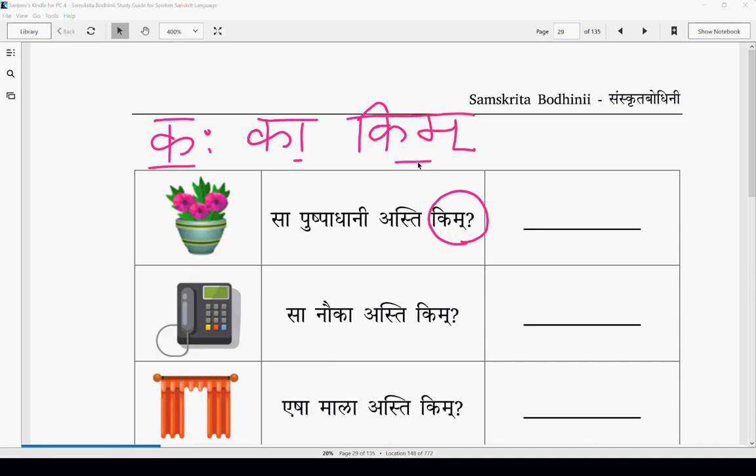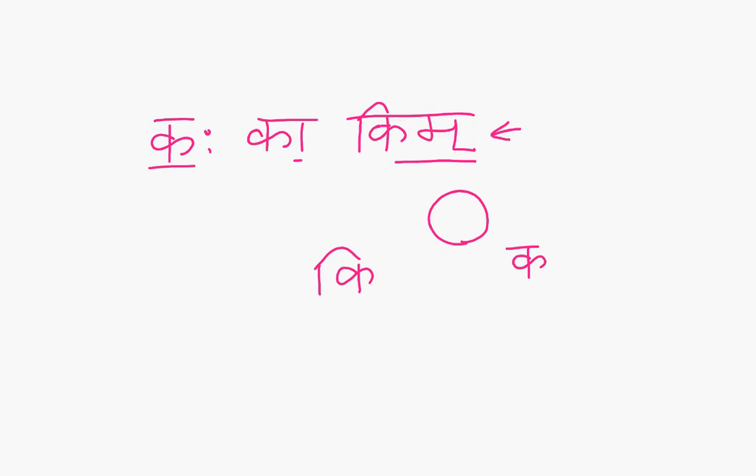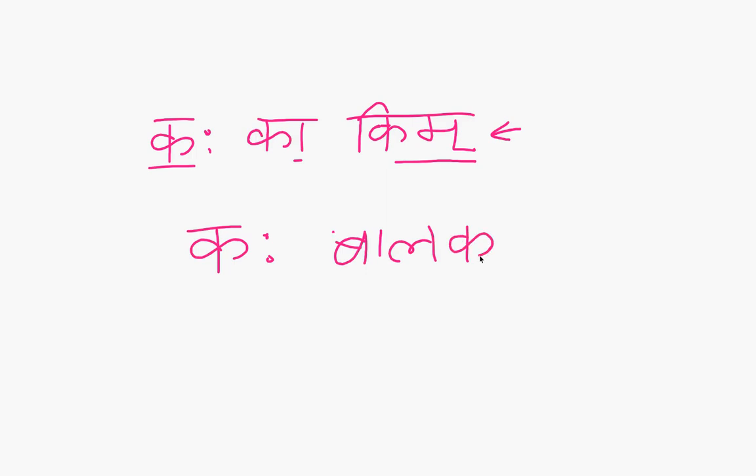Okay. So this kim as a napunsakalingam is different. For example, if I say kim phalam asti, using kaha, I can say kaha balakaha, means which boy.